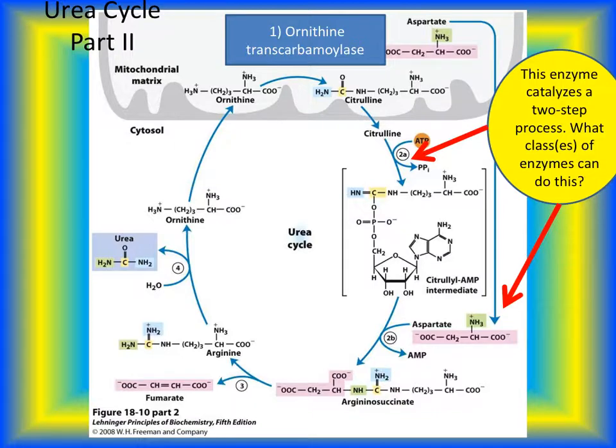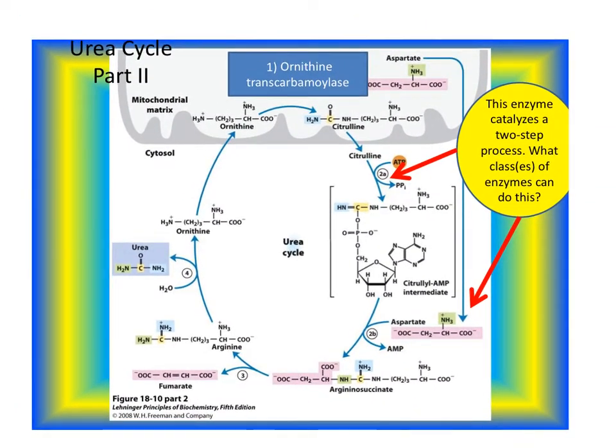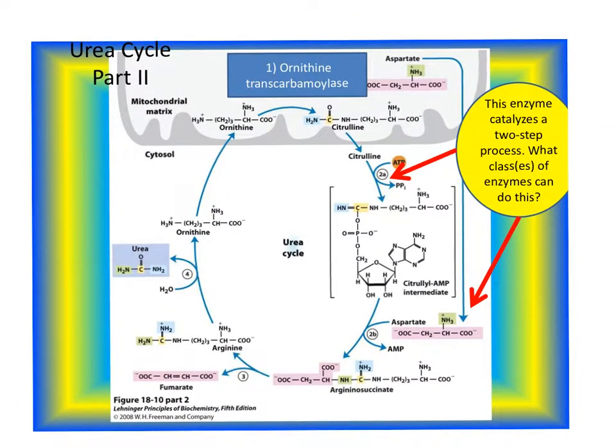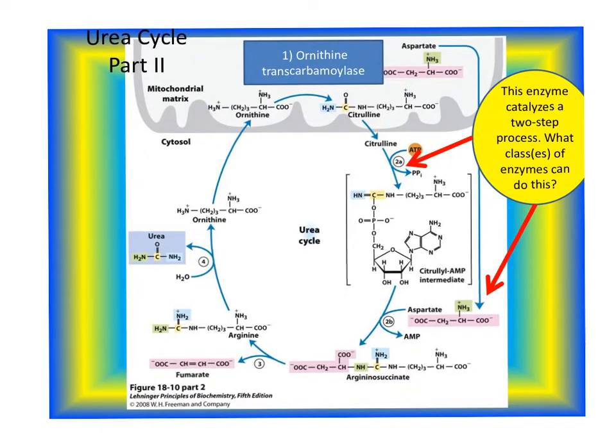All right, so now this is the second part of the urea cycle, which happens in the cytosol. The first enzyme was ornithine transcarbamoylase. This next enzyme is a two-step process, which makes it intermediate. That's why they're showing it that way. So we take the citrulline, we utilize an ATP.